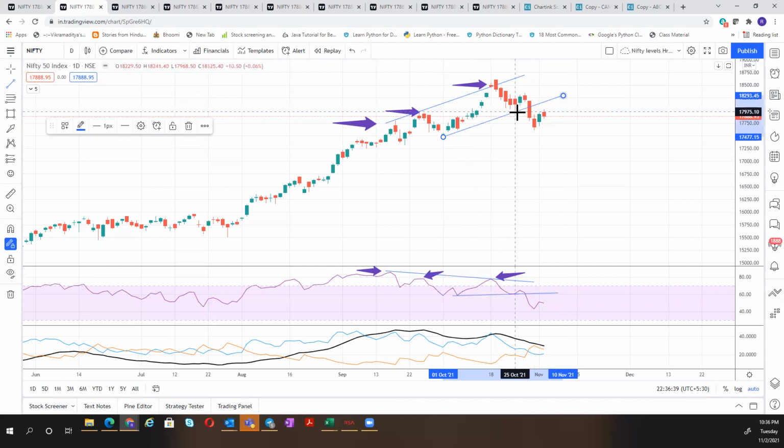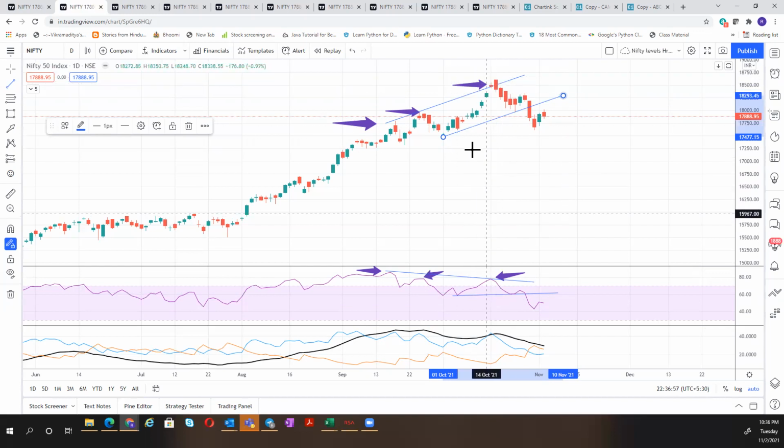The signal was generated here, then a pullback, and this was a big jump where the market went down. Now, can you take a trade here? Definitely yes. If there is any price action, this is an engulfing candle, right? You could have just taken a trade here.